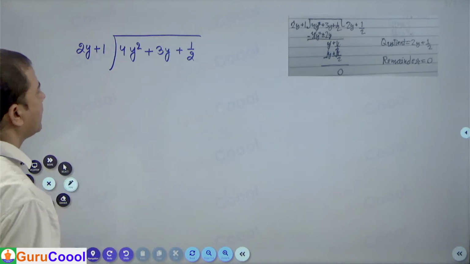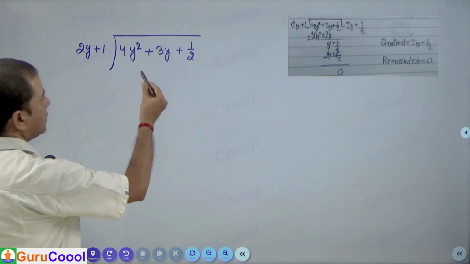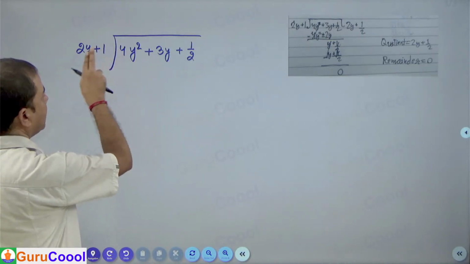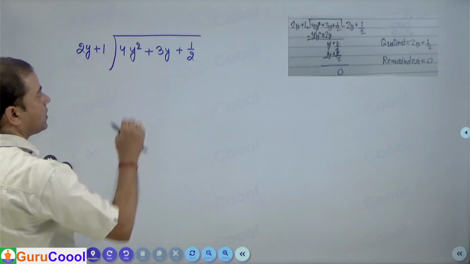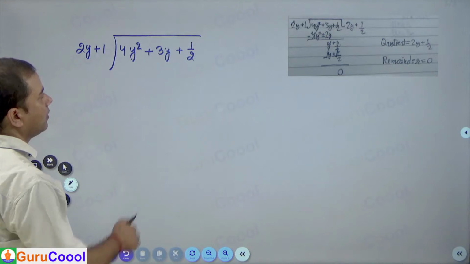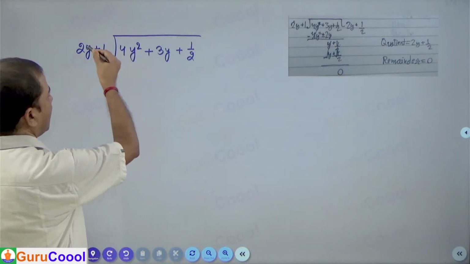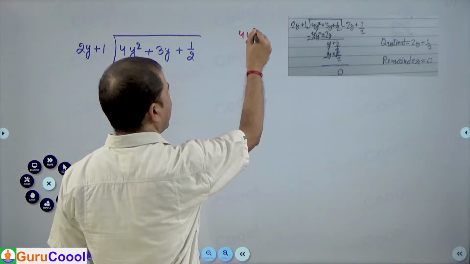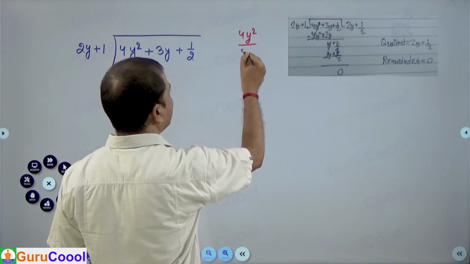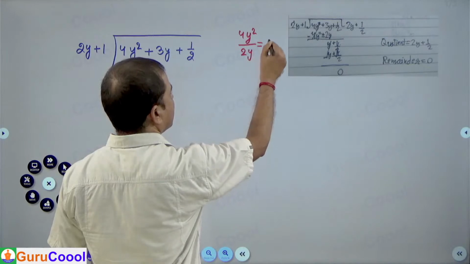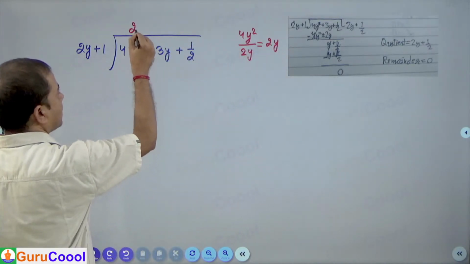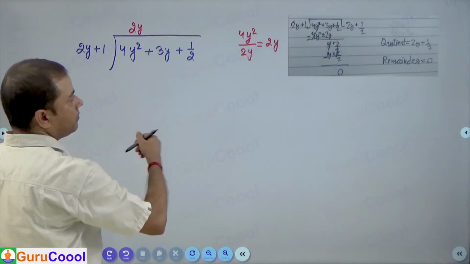Okay. So as we know, dividend and divisor both are in standard form. So we have to divide first term by first term. 4y square divided by 2y is 2y. So 2y will go in the quotient as the first term.